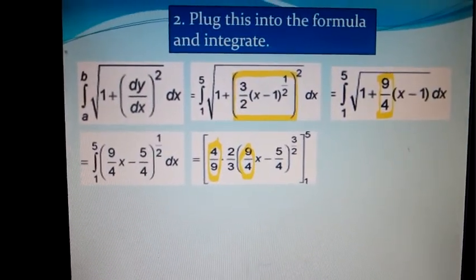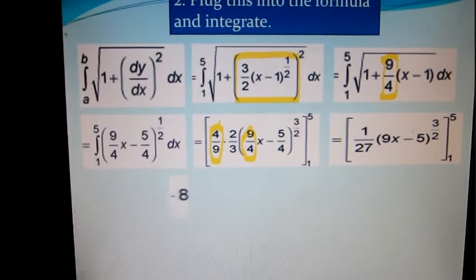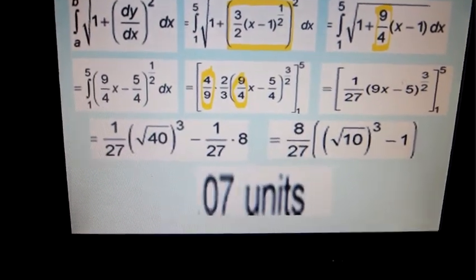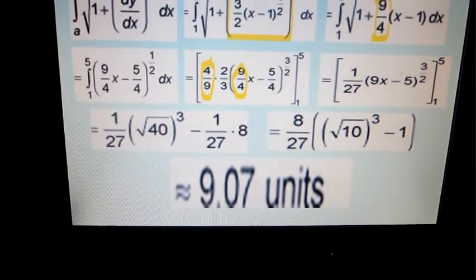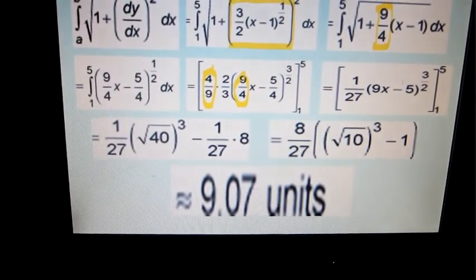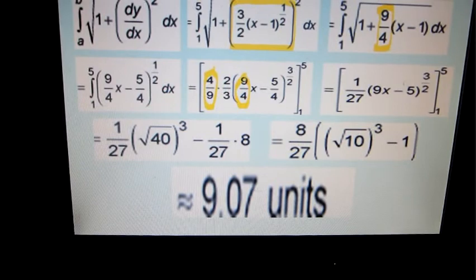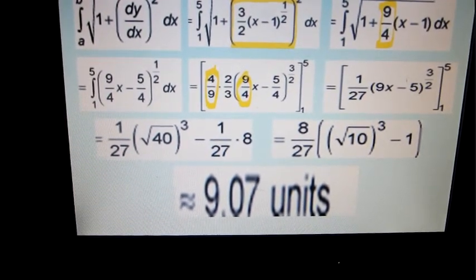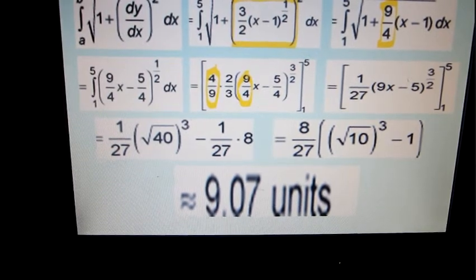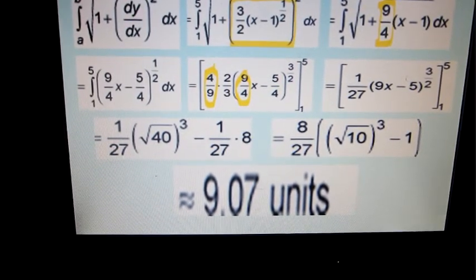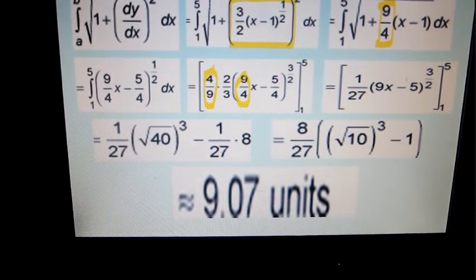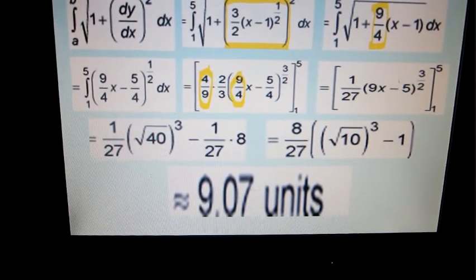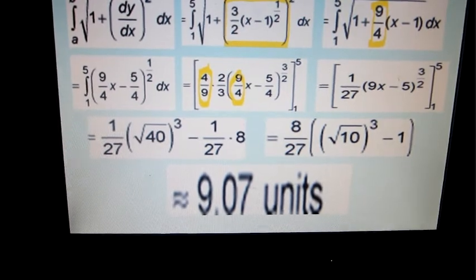Then, by performing the indicated operation, the length along y equals the quantity x minus 1 raised to 3 halves from x equals 1 to x equals 5 is approximately equal to 9.07 units.